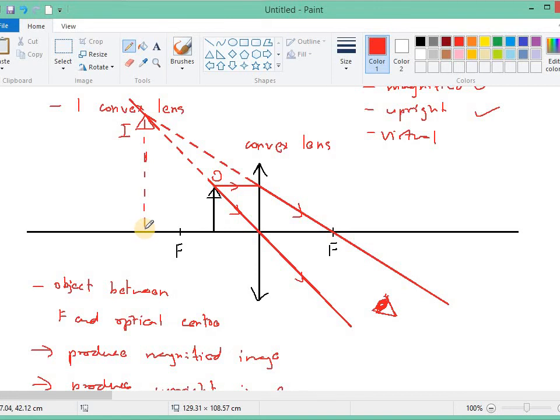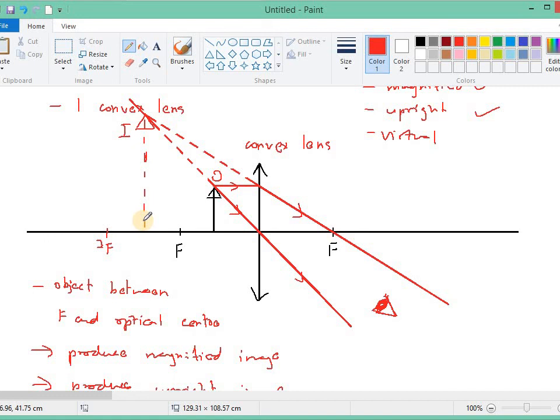So although we get a magnified image, between F and 2F, let's say this is 2F, we get a magnified but inverted image. So it's not so suitable for a magnifying glass.